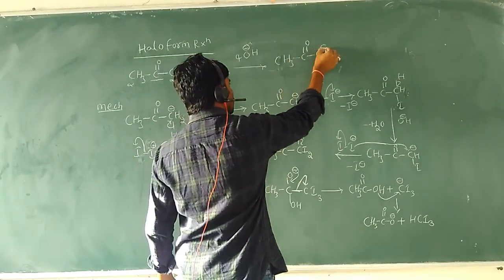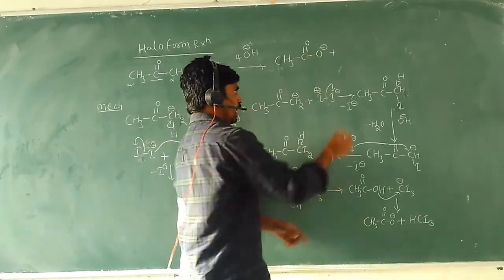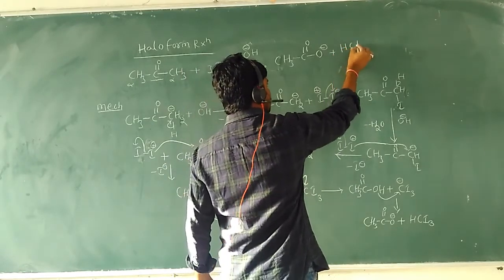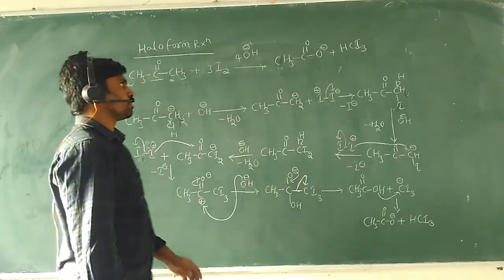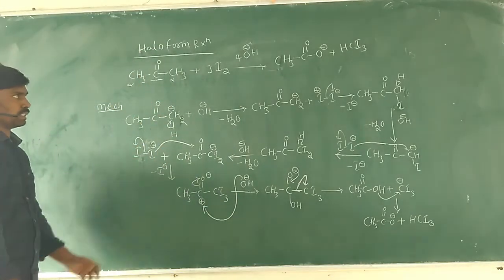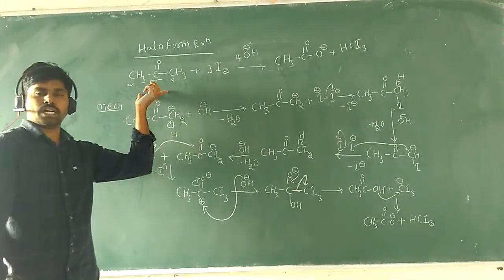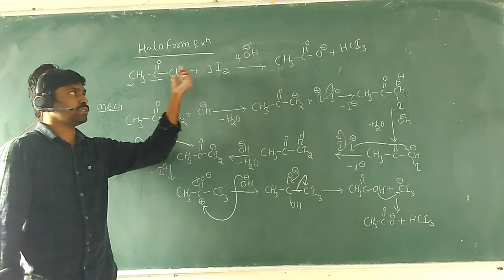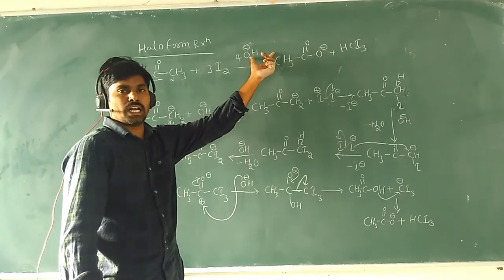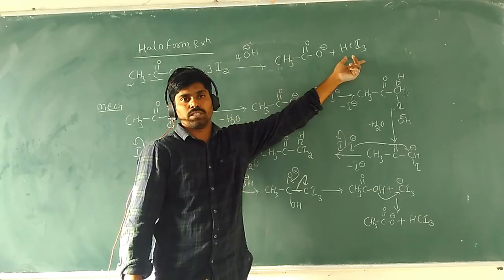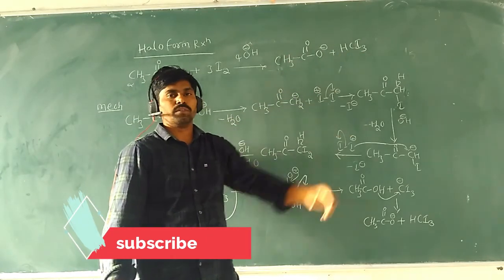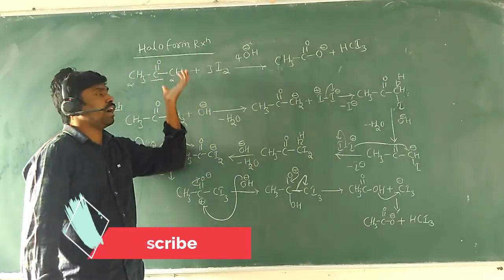This is the carboxylate ion and iodoform, HCI3. Iodoform, that is a haloform. So this is about the haloform reaction. When carbonyl compounds containing alpha hydrogen react with iodine in the presence of hydroxide ions, they form the haloforms. Is that clear? That is a haloform. So this is about the haloform reaction.